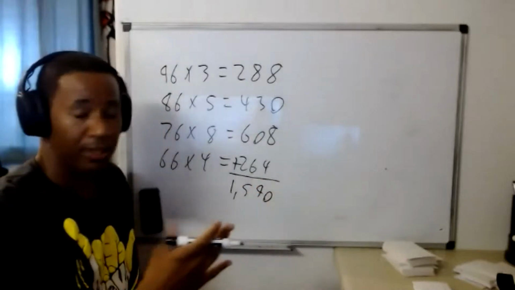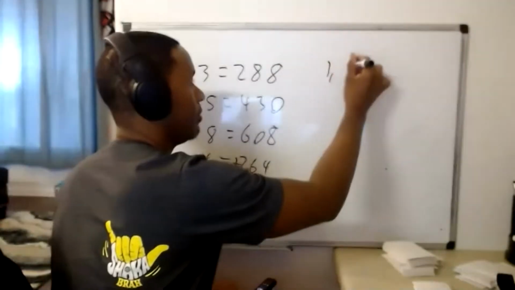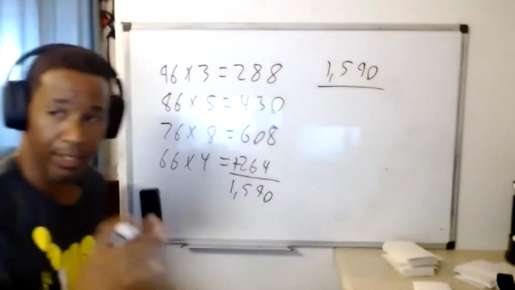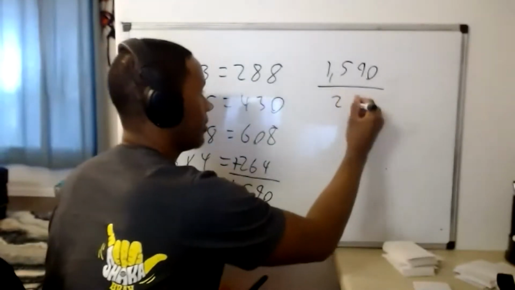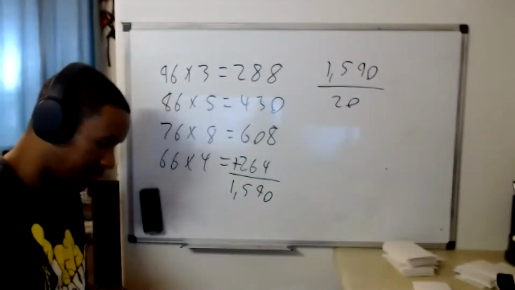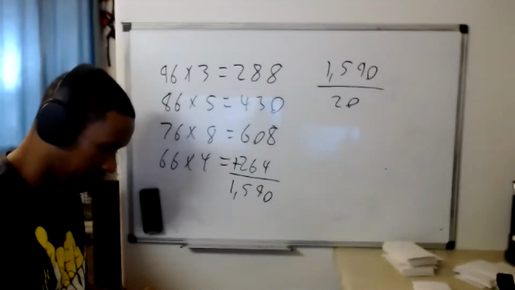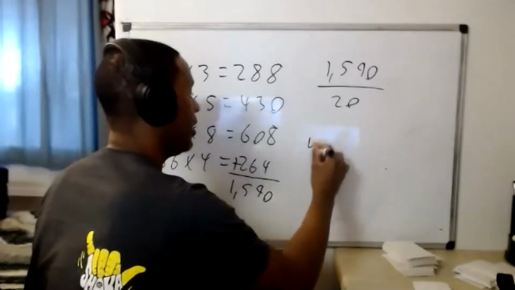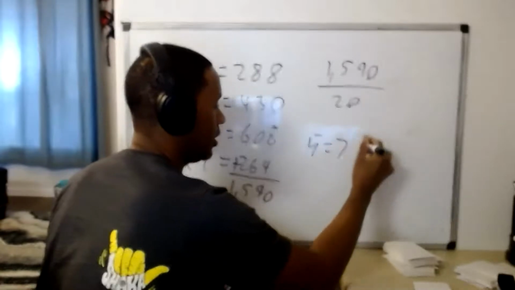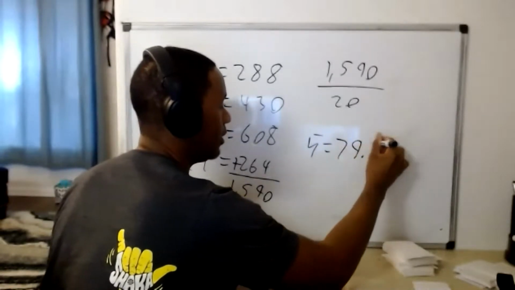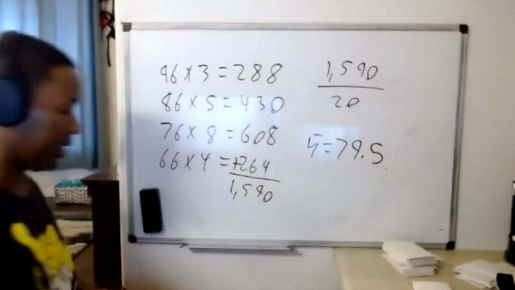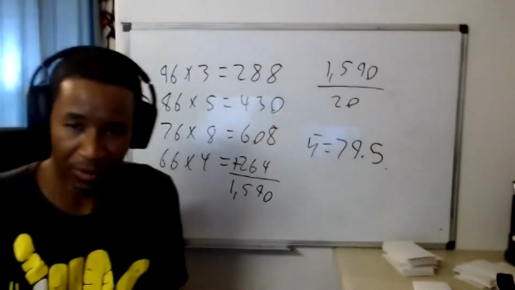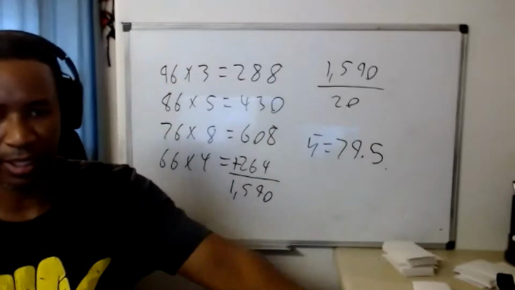Now we need to take that 1,590 and we need to divide it by 20. So when we divide this 1,590 by 20, we are going to get a mean which is equal to 79.5. And if you don't remember why we're dividing by 20, it's because 20 is the n, which is the total number of cases, because there's 20 people who took that first exam.